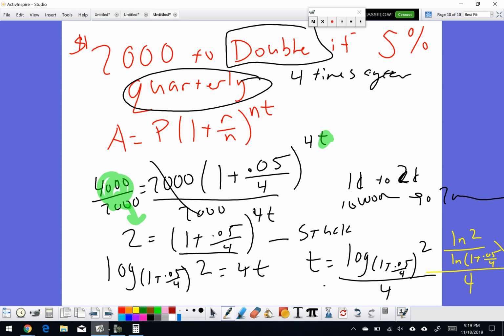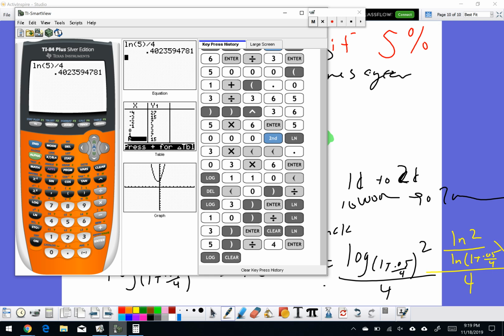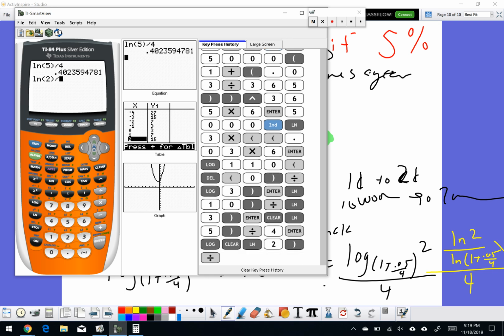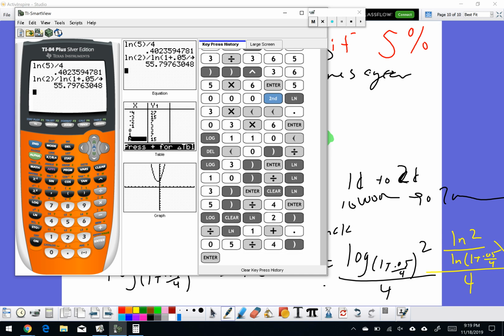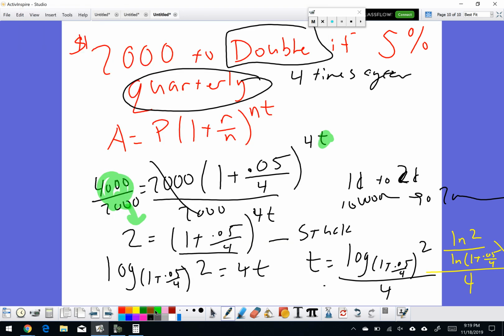Okay, so let's go ahead and do so. ln of 2, close, divided by ln of (1 + 0.05/4). Hit enter. That's the top part. Let's go ahead and divide that by 4. And the t here equals 13.49 years.